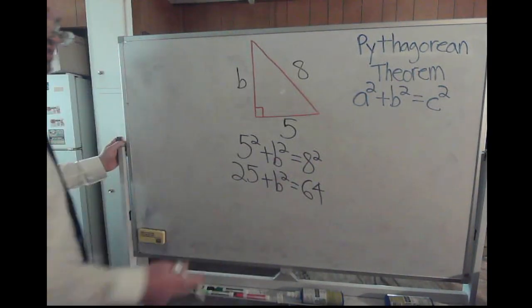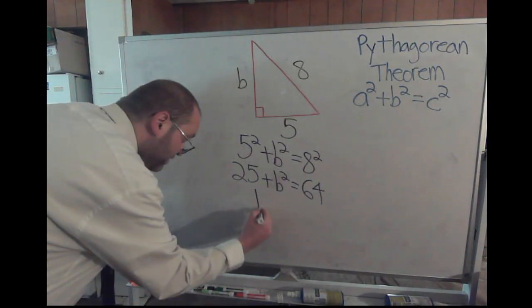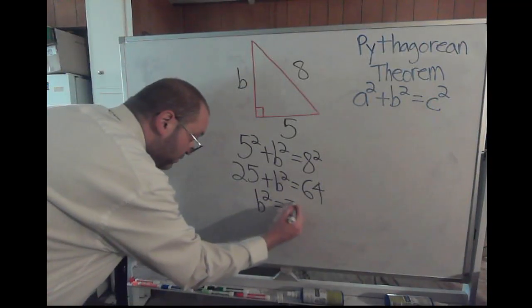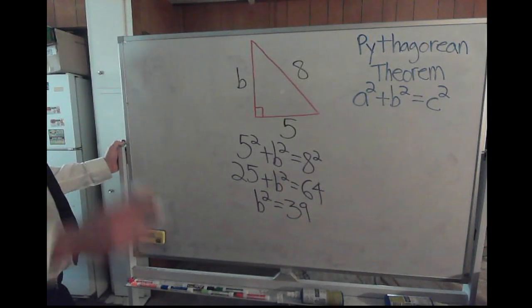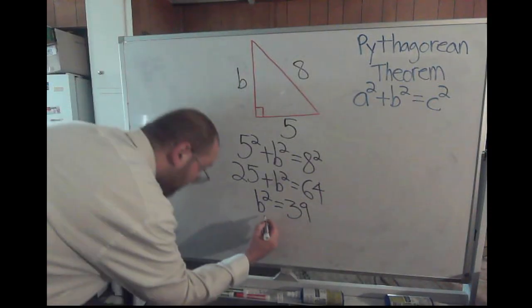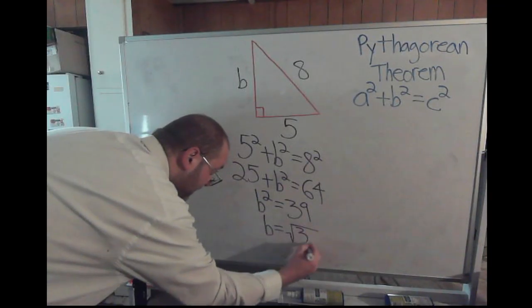So now we want to just solve for B squared. We got to subtract 25 from both sides. If we go ahead and do that, you'll get B squared equals 39. And 39 is not a perfect square, and none of the factors of it are, so the answer for B would simply be the square root of 39.